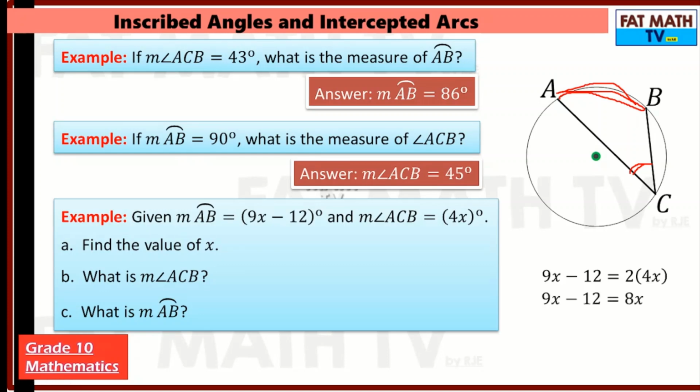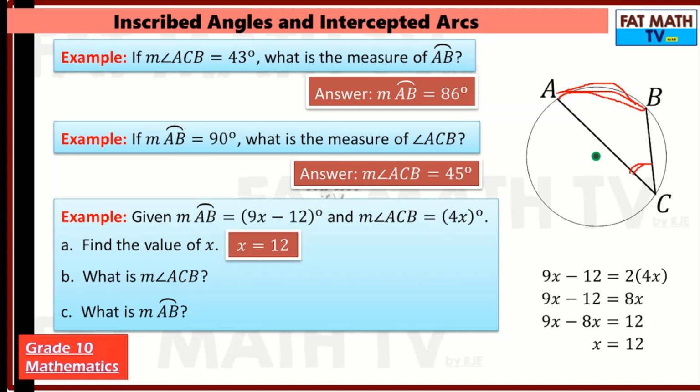Solving this linear equation, we put terms with x on one side and those without x on the other side. Transferring 8x to the left gives negative 8x, and transferring negative 12 to the other side gives positive 12. 9x minus 8x is x, so x equals 12.